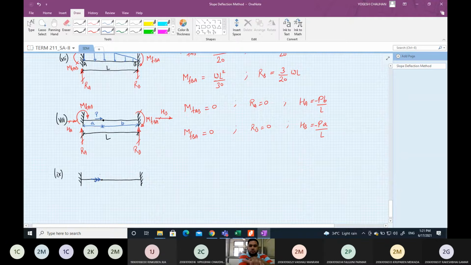You put the thumb in the direction of the arrow, and the direction of the fingers will give you the direction of the moment. So suppose this is the member, this moment is acting like this. Suppose the arrow is in this direction, then this twisting moment or torsional moment will try to twist in this way.